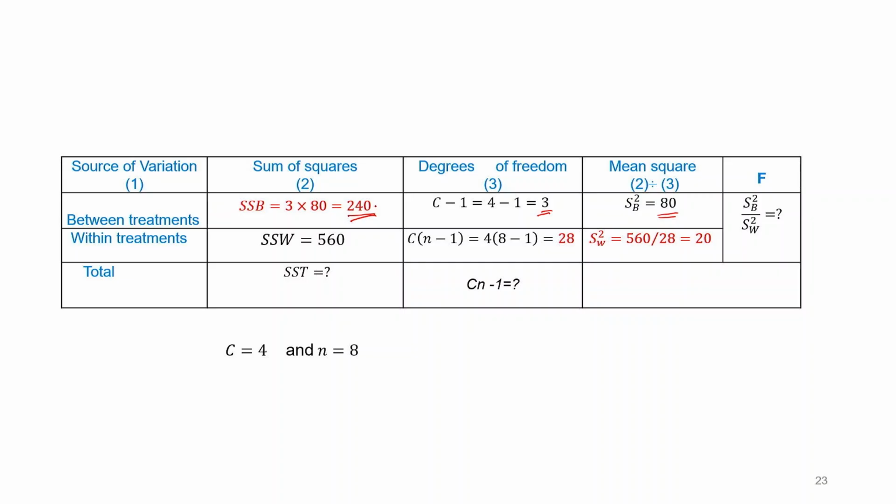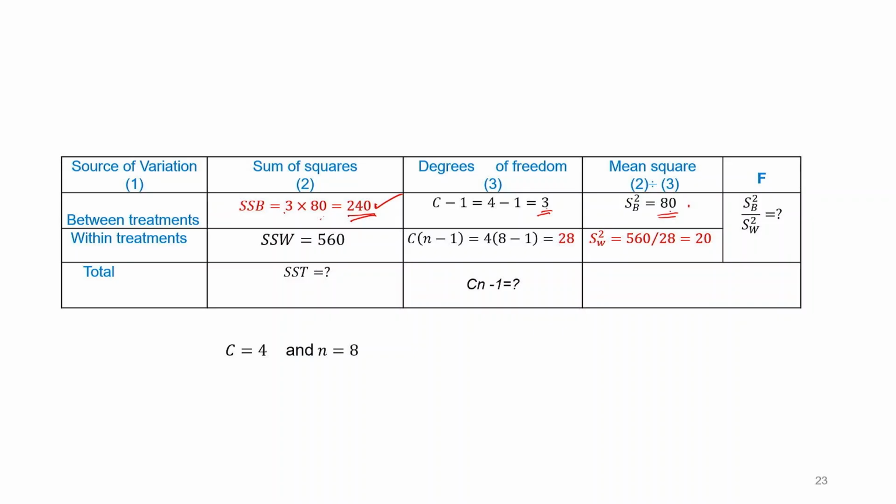Because whatever is here, divided by 3, will give you 80. So this figure SSB, the between treatments variance, is 80 into 3, which is 240. So we get the figure 240 here.